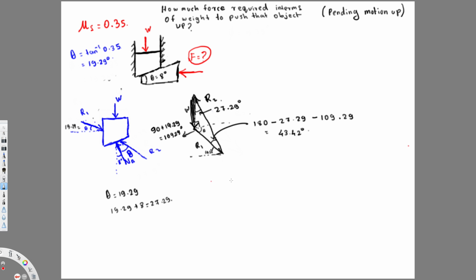So let's do this. First of all, if I take W, the angle opposite to it is 43.4, so W over sine 43.42 is equal to R1 over sine 27.29, the angle opposite to R1, and R2 over sine of the angle opposite to R2.